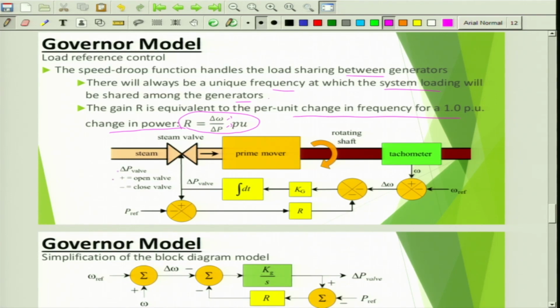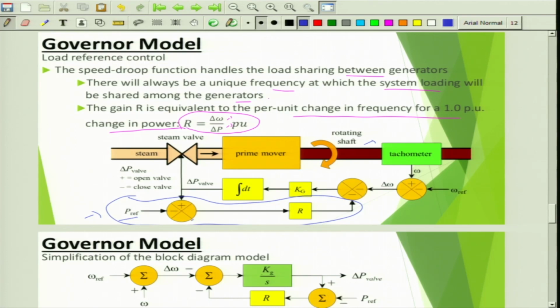Now what is happening, this is a general control loop characteristic. So we are adding this extra term now. There is a load reference set point, or it is also considered to be the governor set point. Because at this load reference set point you will be able to appropriately generate a rated frequency, a nominal frequency, right.